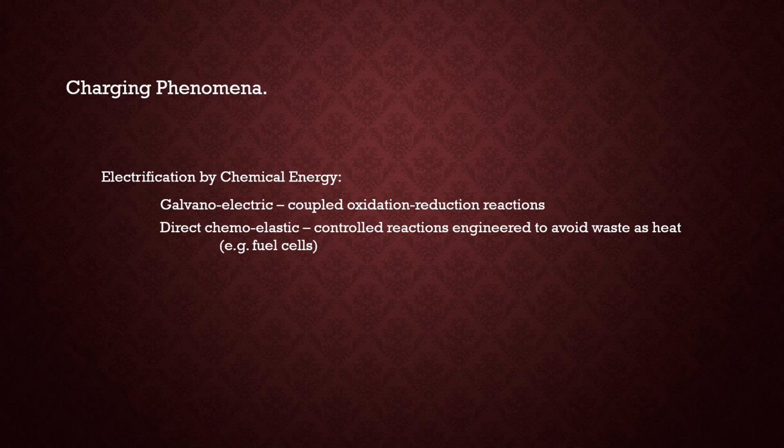Direct chemoelectric, again, is another means of doing this in a more controlled fashion. You're allowing the reactions to take place directly. You slow them down a little bit kinetically by putting in a barrier. So as opposed to having the wire there, you have, say, a membrane. And this is how a fuel cell works.